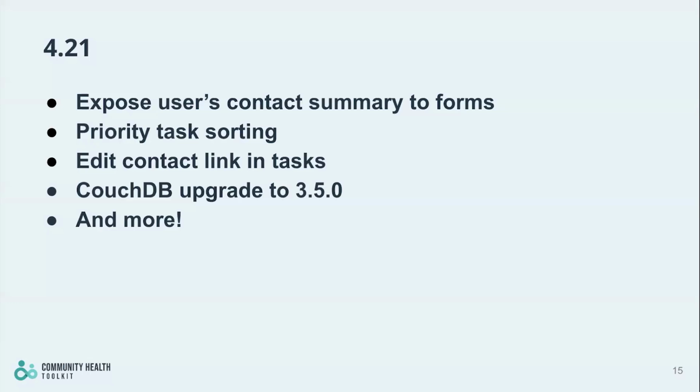So we're covering 4 main features, but I'm actually going to lightly go over the priority task sorting because there's going to be a demonstration right after my talk. The 4 features that we're covering in 4.21 are the ability for forms to reach into the user's contact summary. And like just about all the features in recent versions, this came out of the need for the community.